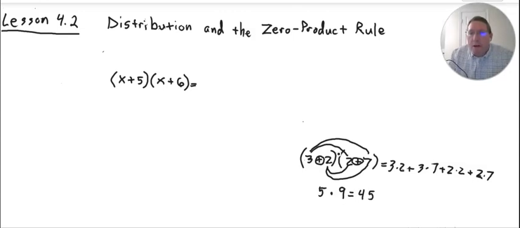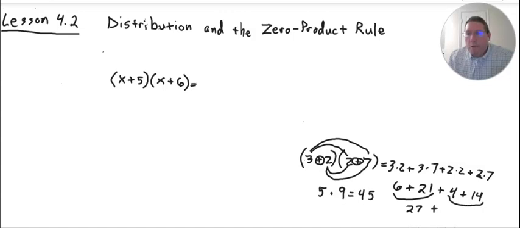And so what we have here, 3 times 2, that's 6, plus 3 times 7 is 21, plus 2 times 2 is 4, plus 2 times 7 is 14. Well, you can see here, 6 plus 21, that's 27, plus 4 plus 14, that's 18, okay?